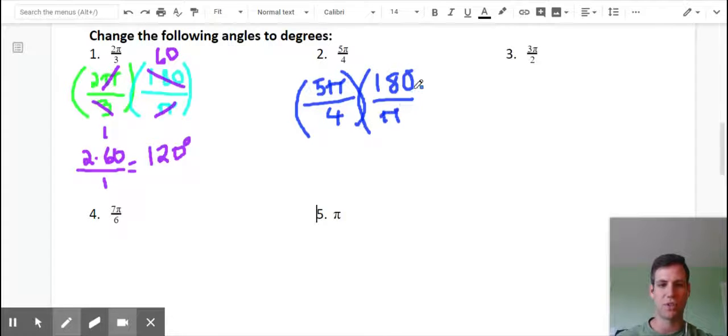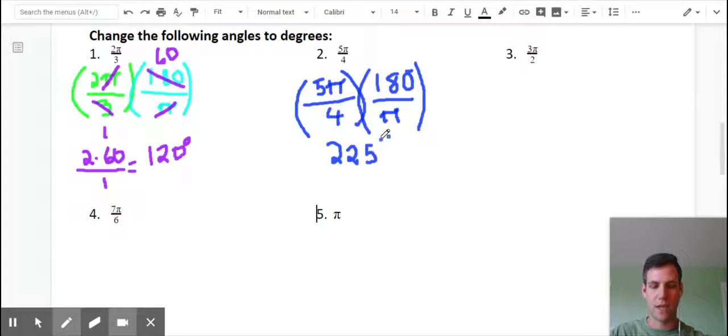So just to demonstrate another way to do this, you could just take a calculator and multiply 5 pi over 4 in parentheses by 180 over pi in parentheses. And the calculator gives me an answer of 225 degrees in this case. And we don't really have to do any other steps other than just putting all that right in our calculator for this particular one.